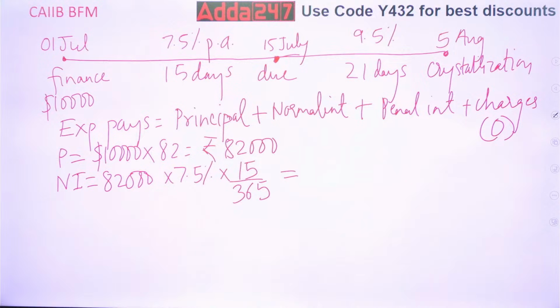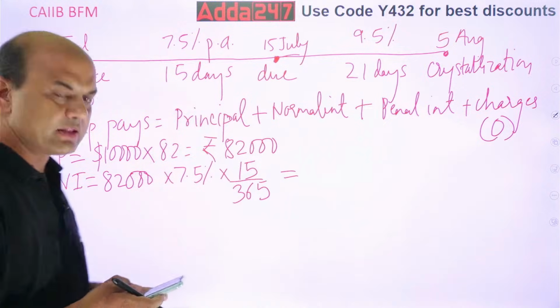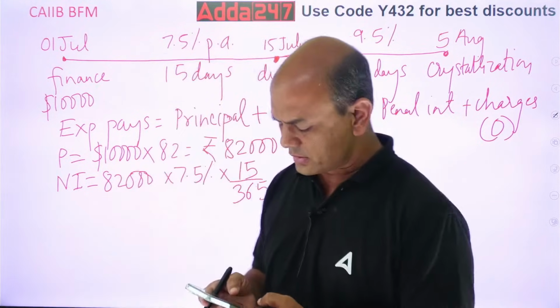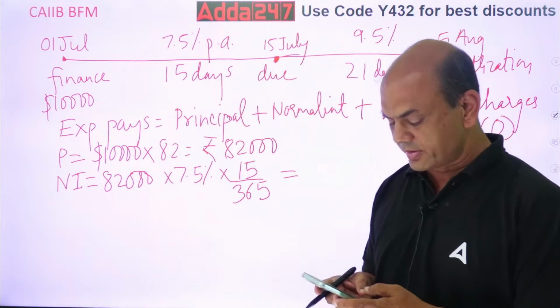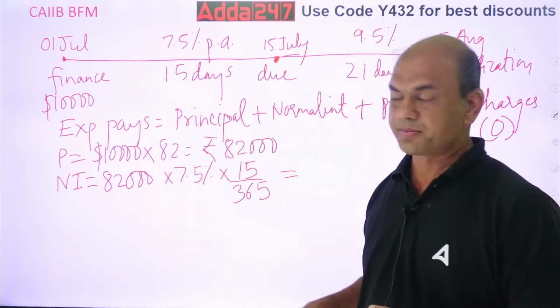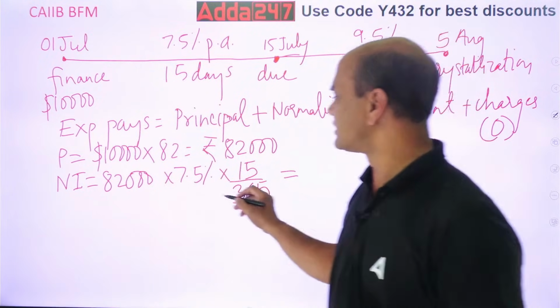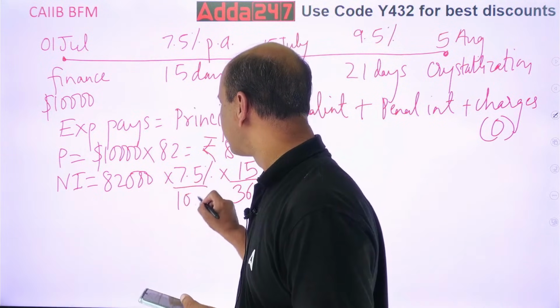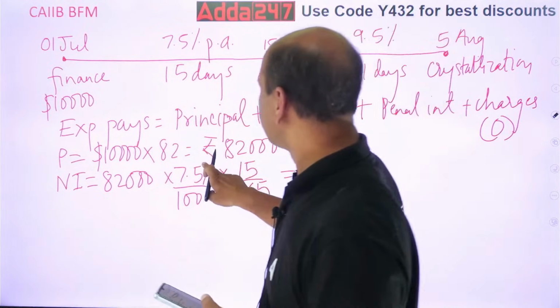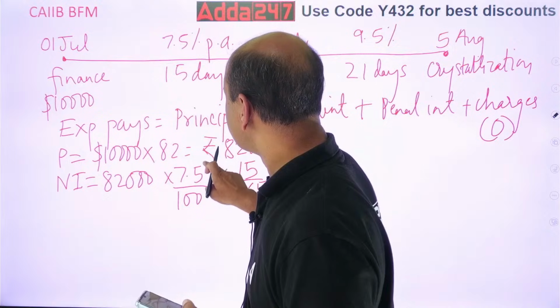So, what are you getting? Try it on the calculator, not orally. 82,000 into 7.5%, which means 7.5 divided by 100. Remove the percentage and mark the 100 here.